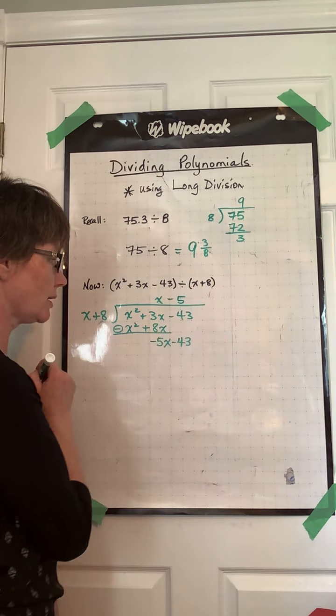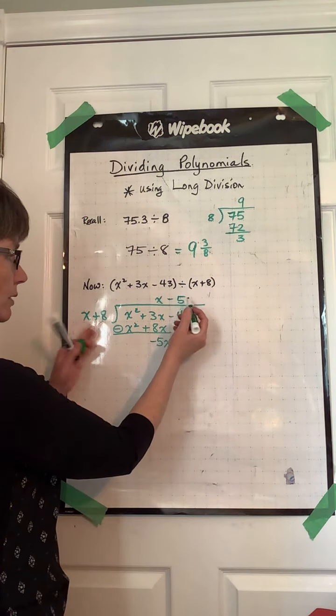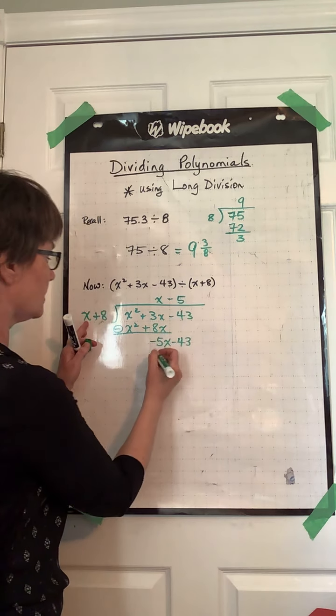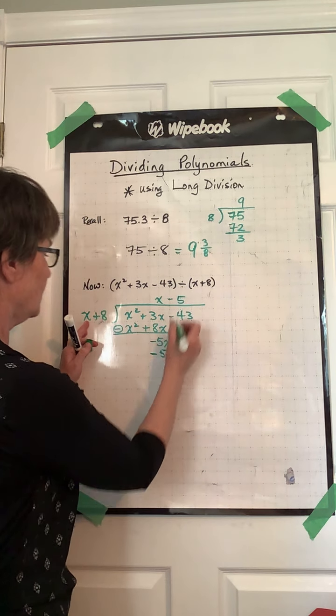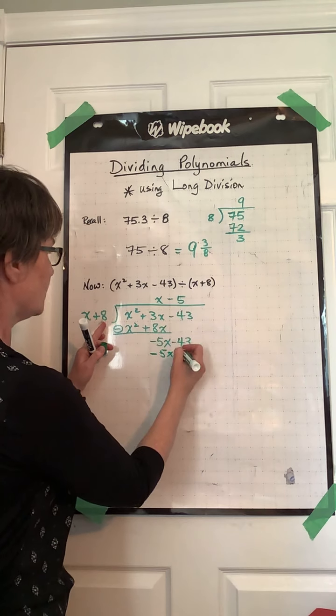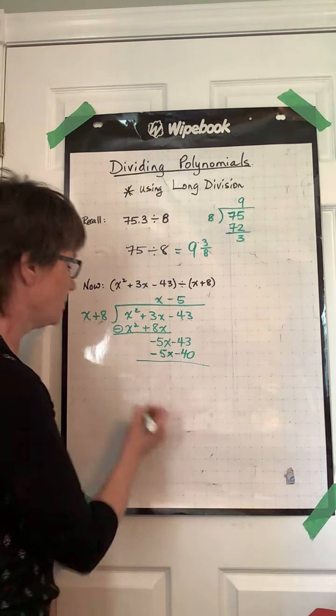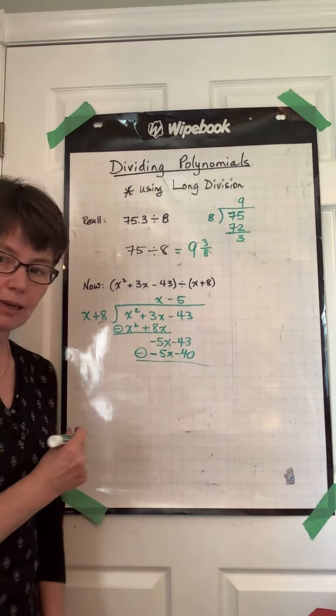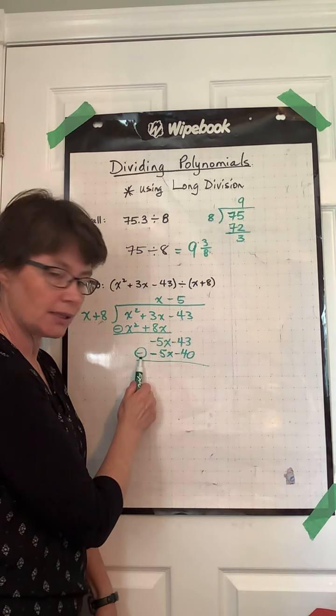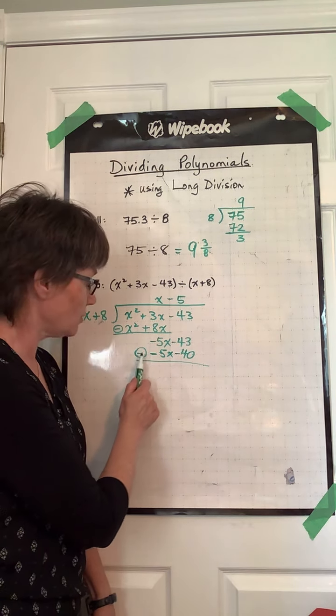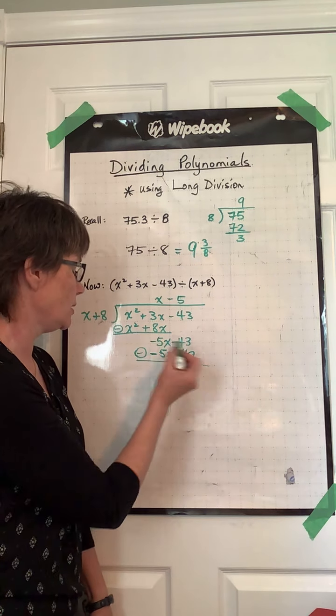Okay, so subtract 5. We're going to do this again. Negative 5 times x is negative 5x. Negative 5 times 8 is subtract 40. Okay, negative 40. We're going to subtract these again. So remember, I put that subtraction sign in a circle so I know it applies to both columns.